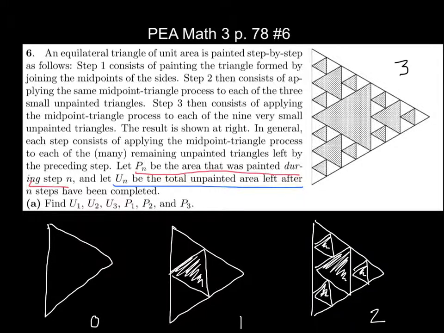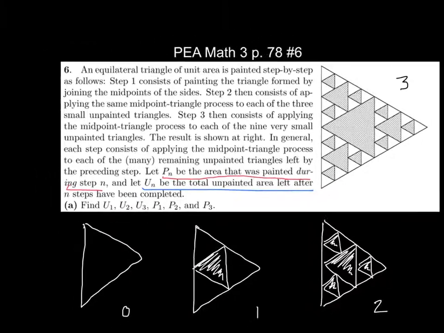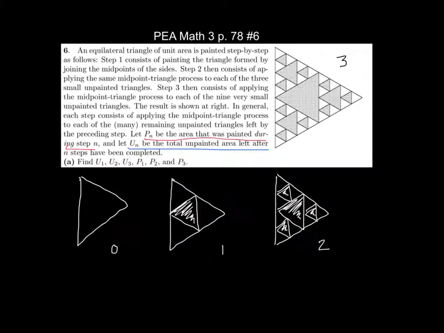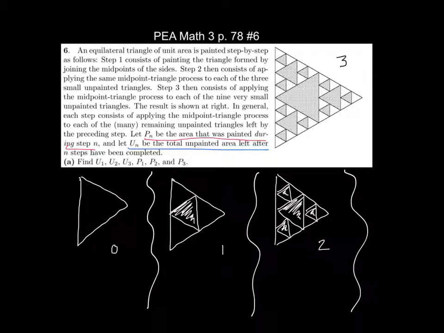Okay, let's go ahead and go through all of these. So start with our U's. And they want you to find U1, 2, 3. So let's start with U0 though. I'll go, here's each step, and 3 is up there.